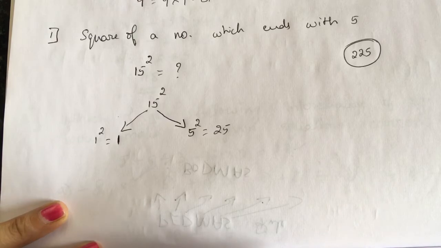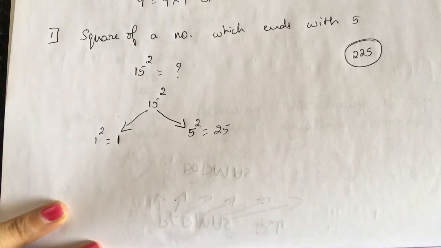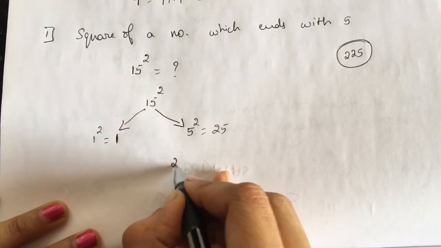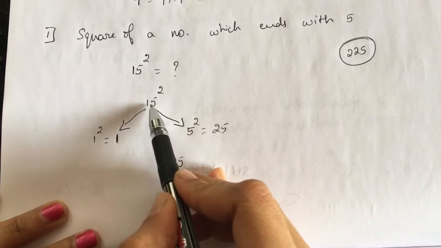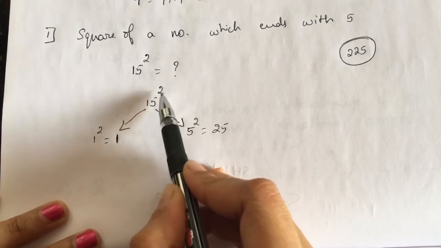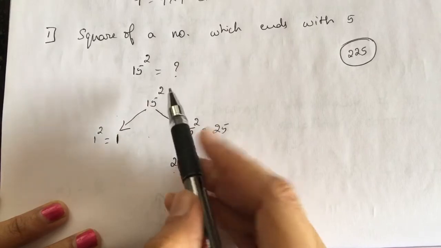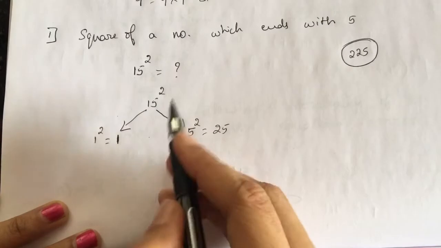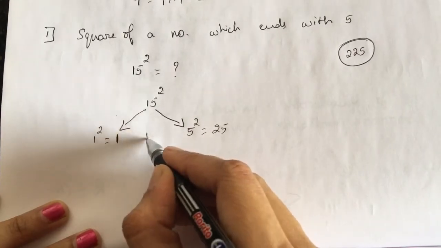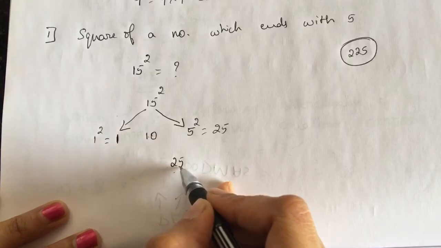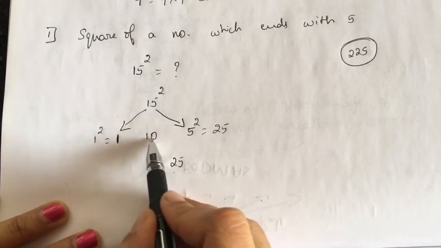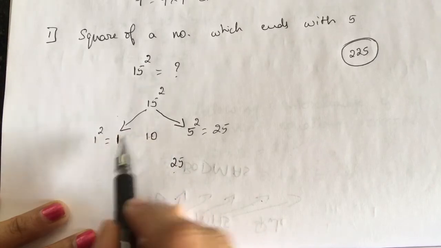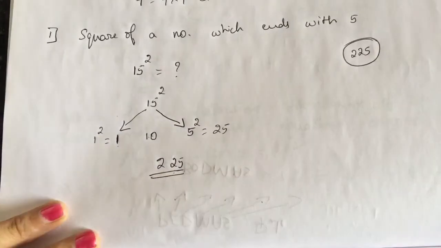Then you write this 25 as it is. Then for the middle, it's 1 into 5 into 2. 1 into 5 is 5, 5 into 2 is 10. Now you write this as it is. Now this is a two digit number, so you add all this, 0 plus 1 plus 1, so it's 225.